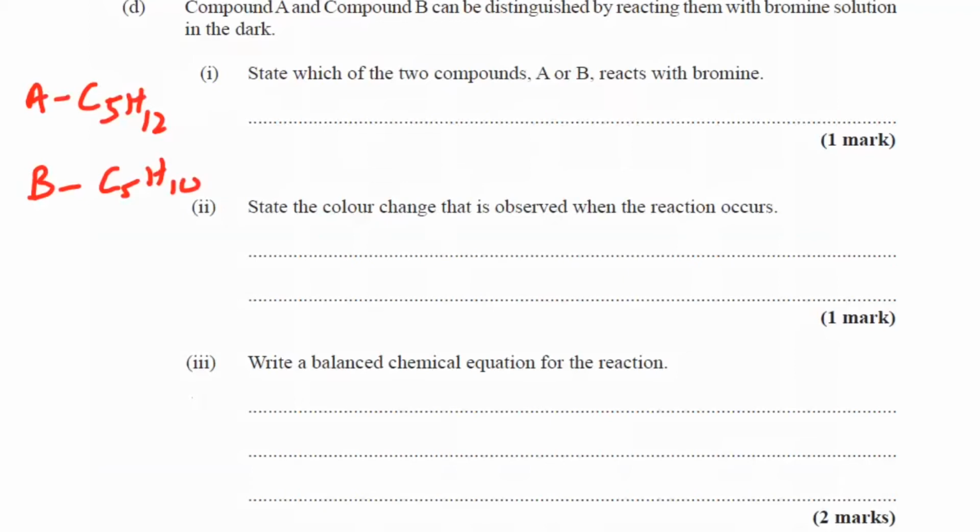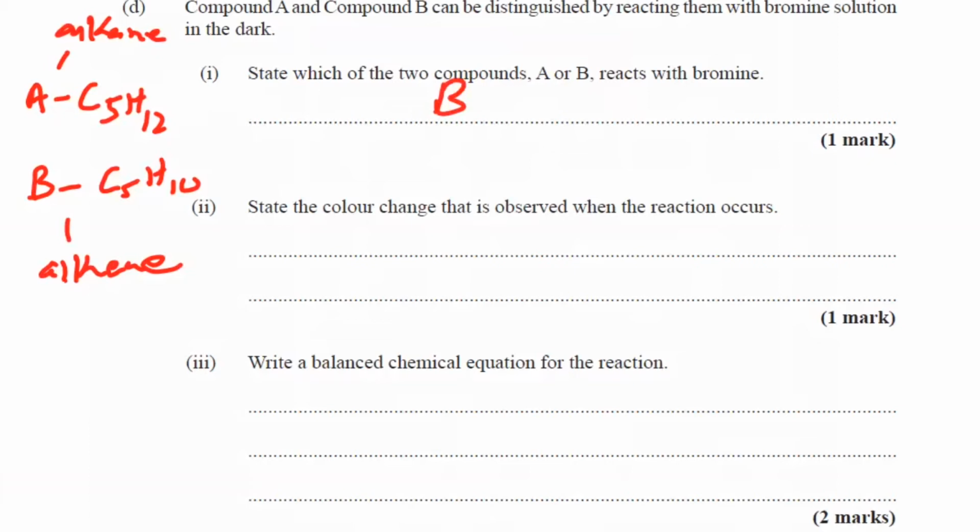All right, so A is an alkane, I mentioned that at the beginning, and B is an alkene. Now, the one that reacts with bromine solution in the dark would be the alkene, which is compound B.